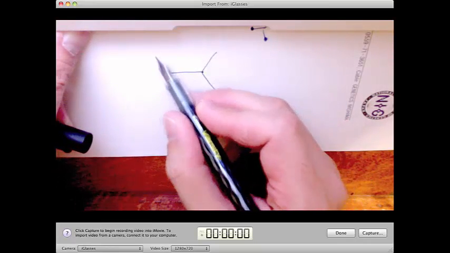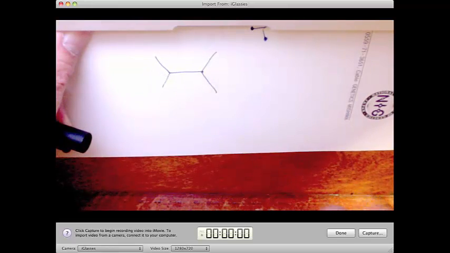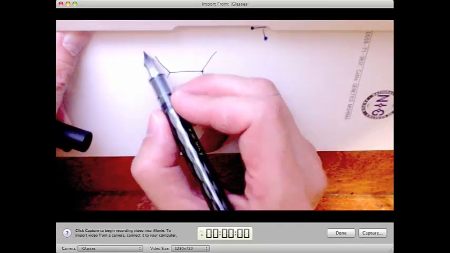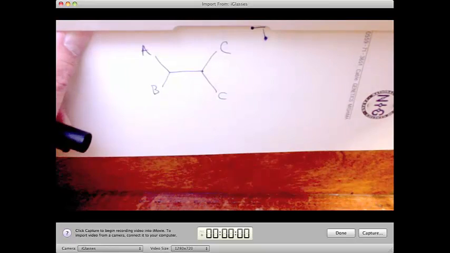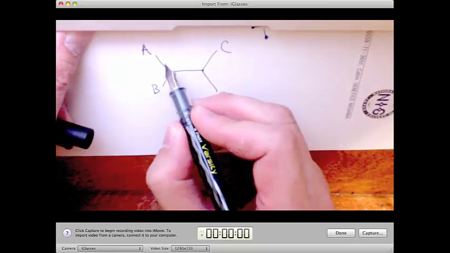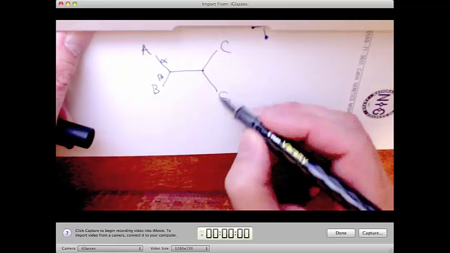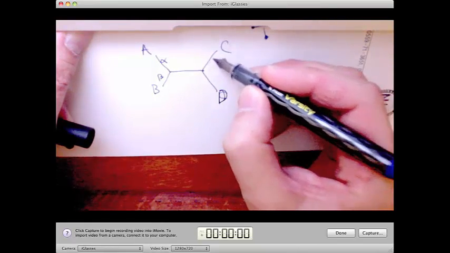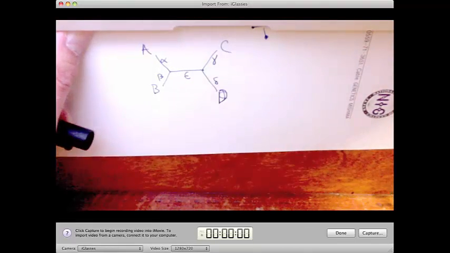In any tree, for 4 sequences, we can always pick out some structure and it'll reduce to this. So basically A, B, C, D. Okay? So I'm going to call these alpha, beta, gamma, delta, epsilon.